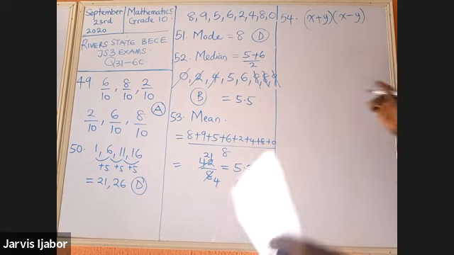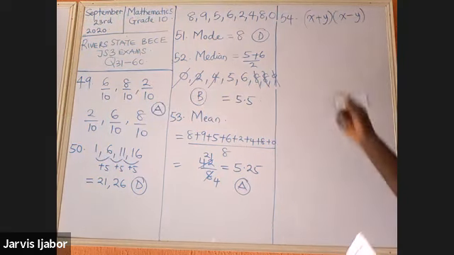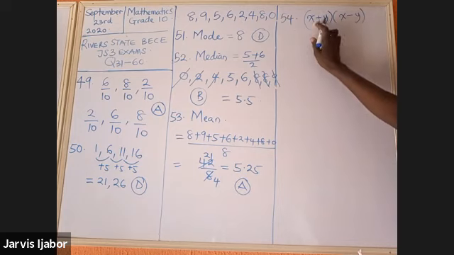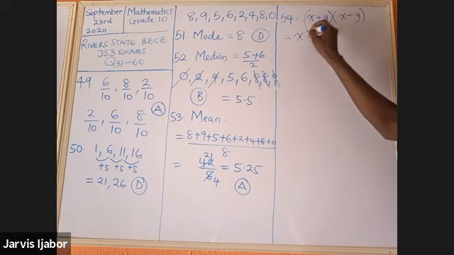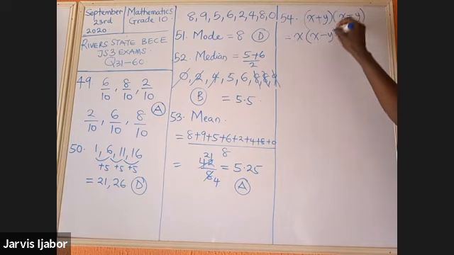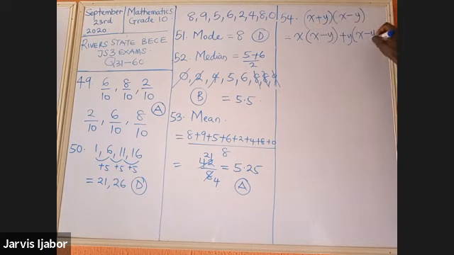I will start with a very simple approach. You use the content of this bracket to multiply the content of the other bracket. I like to use this approach. It's my favorite method because it helps you interact with the problem.